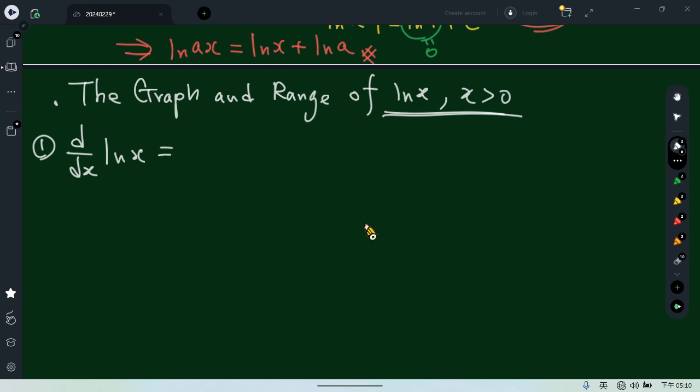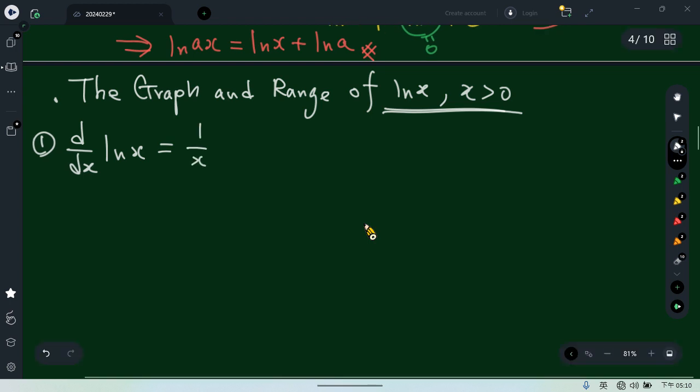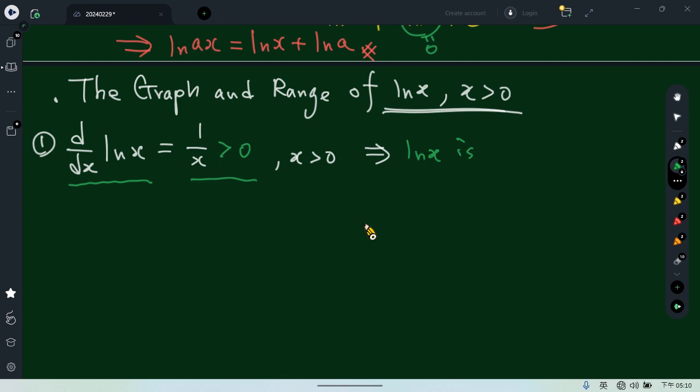It should be, what is the result? 1 over x, right? And x is positive, so the result is also positive. Do you remember that when we just have the first derivative, we can identify this function as an increasing function, right?